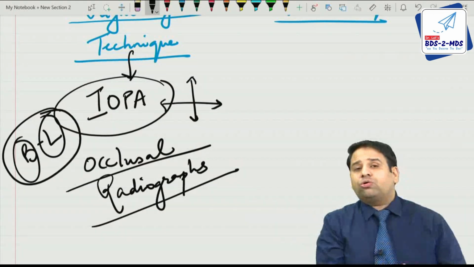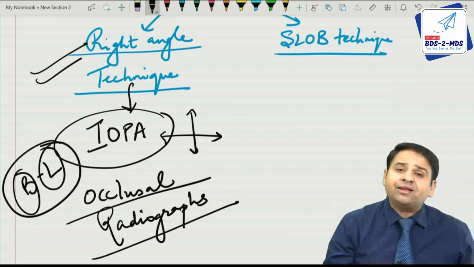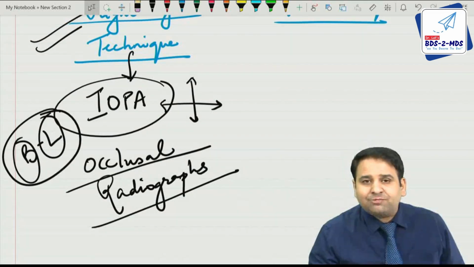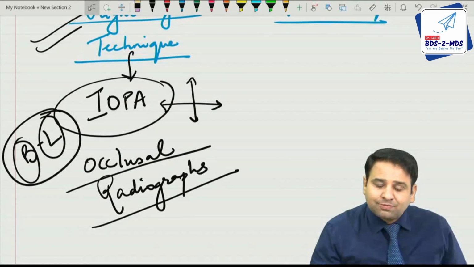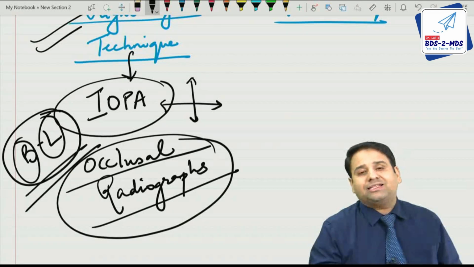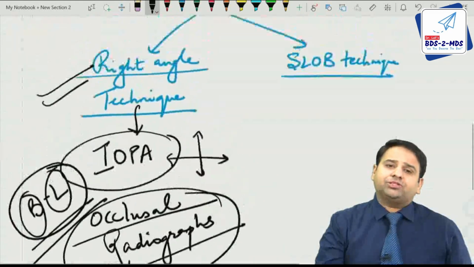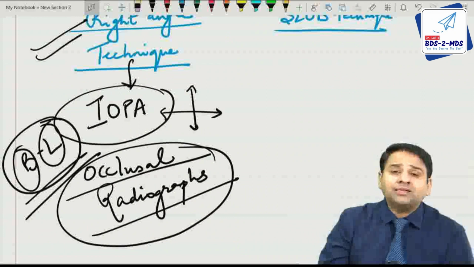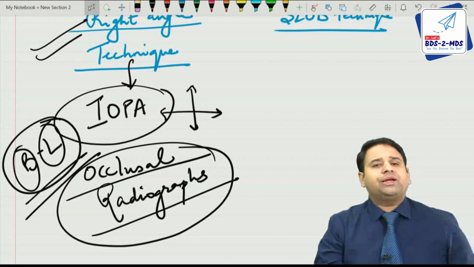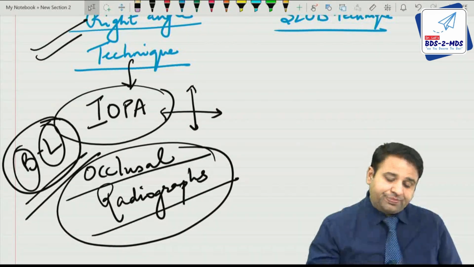So if you want to localize an object in 3 dimensions, use this right angle technique, where in the IOPA you can see the superior and inferior aspects, mesial and distal aspects, and in the occlusal radiograph you can see the buccal as well as the lingual aspects, right? So you can see all 3 dimensions, and thus it is easy to localize that impacted tooth, supernumerary teeth, foreign body, etc. Whatever you want to localize, right?